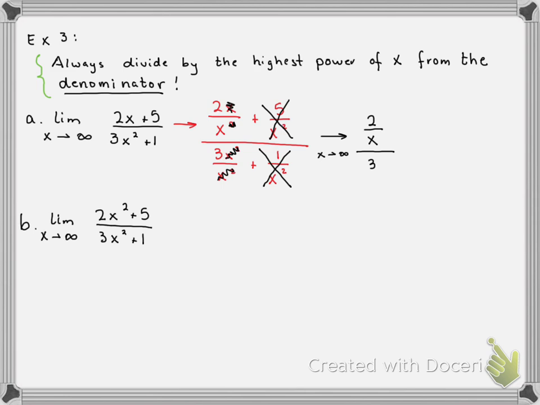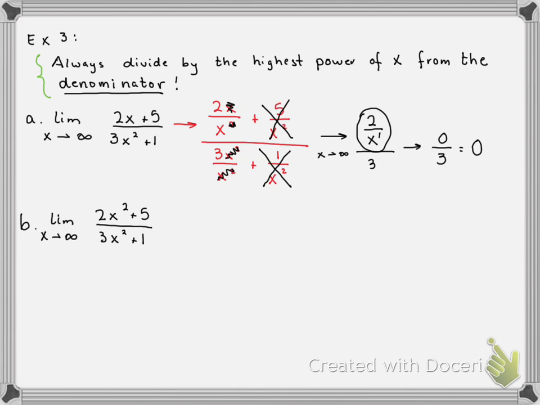Well, 2 over x also fits the formatting of c over x to the r when r is 1. So that means that numerator goes to 0. So the limit as x approaches infinity of that particular function is 0.